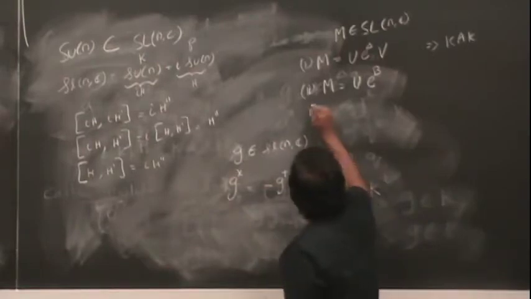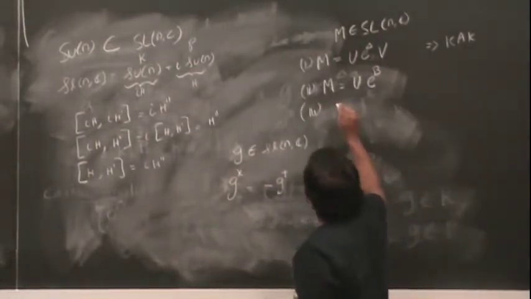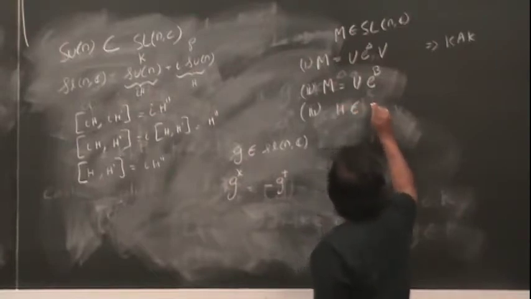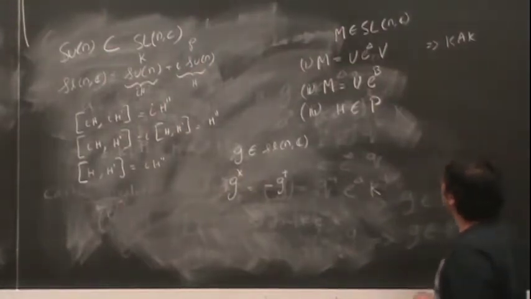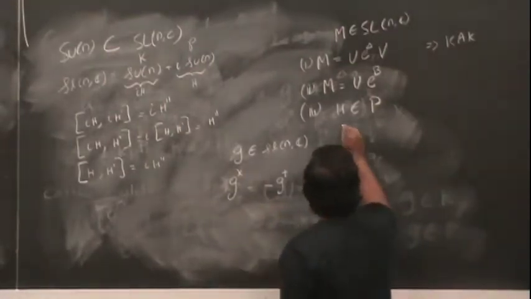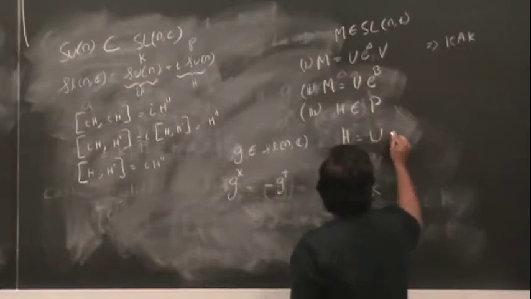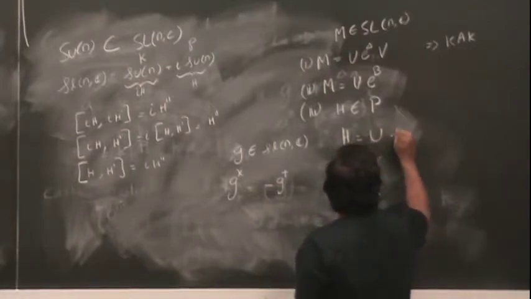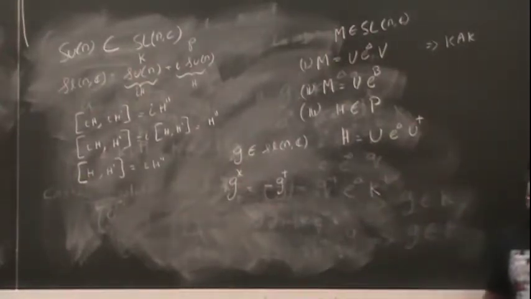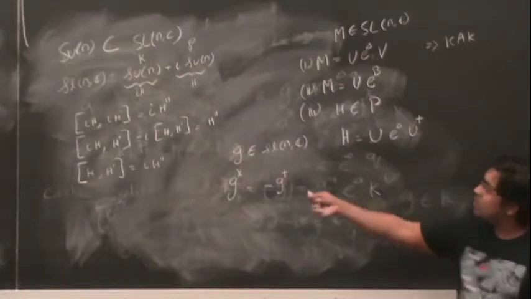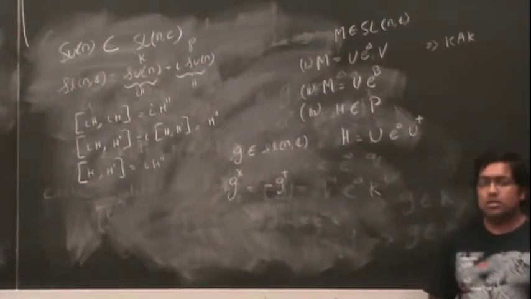And third, if H is in P, or P is e to the script P, then H can be written as U times a diagonal matrix times U dagger. Any Hermitian operator can be diagonalized by unitaries. That's the spectral theorem associated with the Cartan theorem.